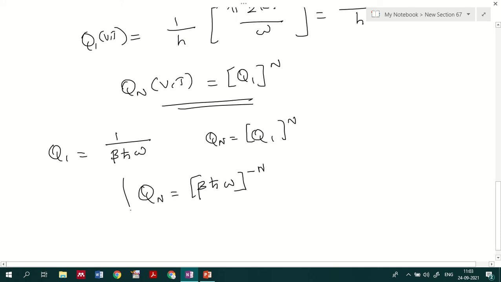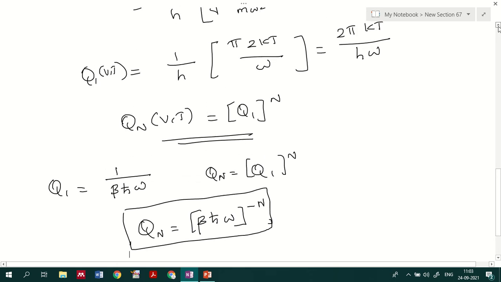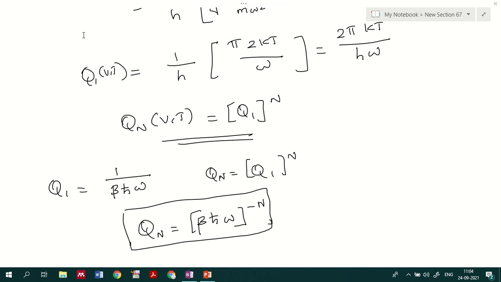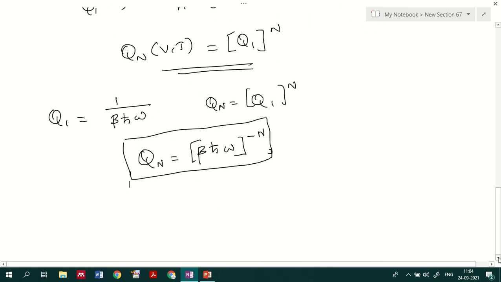Okay, I hope you understand how I write it like this: beta h cross, because 1 by kt, here we have 2 pi kt in the representation. So 1 by kt is beta, then h by 2 pi is represented as h cross, and then omega. So now we have the corresponding partition function, that is beta h cross omega raised to -1.